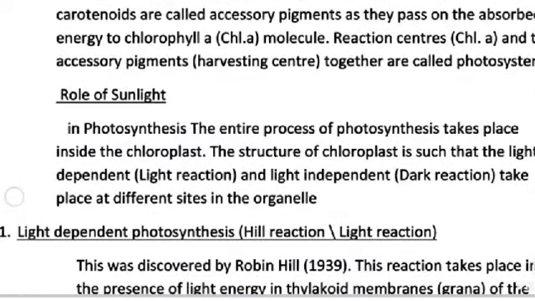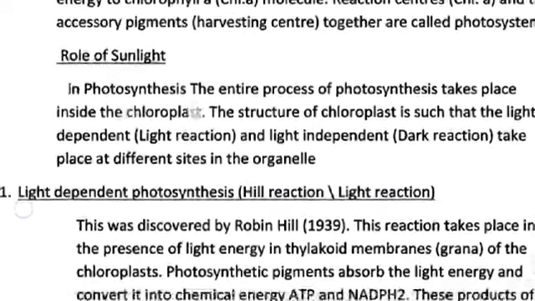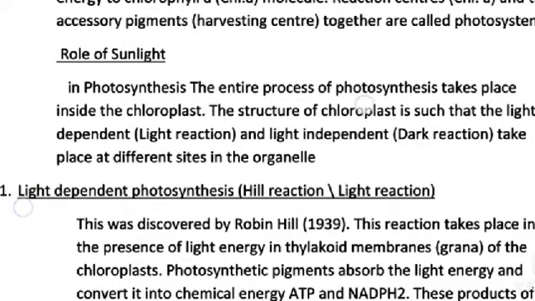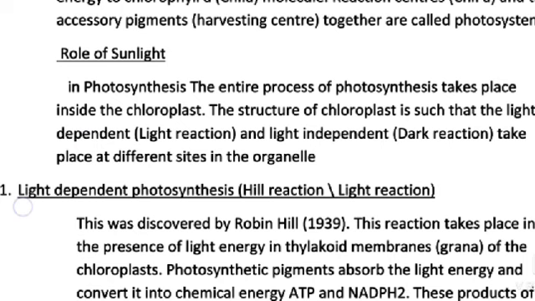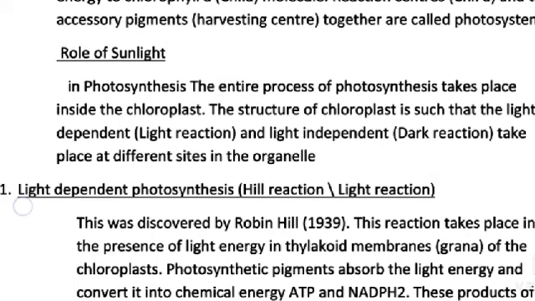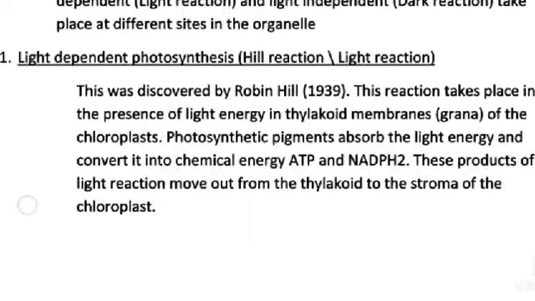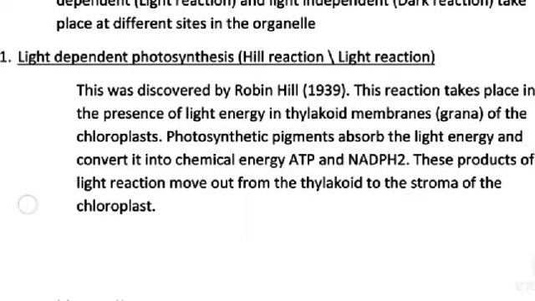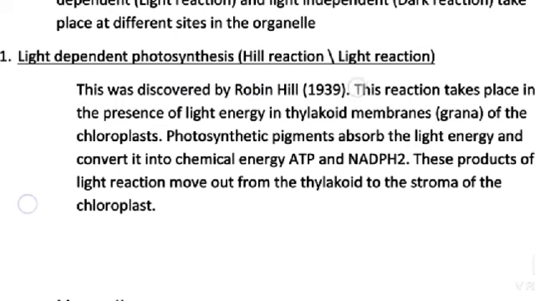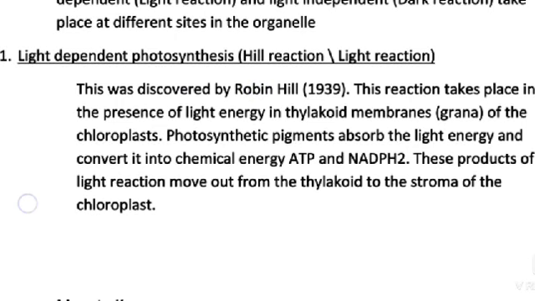Role of sunlight. The entire process of photosynthesis takes place inside the chloroplast. The structure of chloroplast is such that the light dependent and light independent reactions take place at different sites of the organelle. Light dependent photosynthesis, Hill reaction or light reaction, was discovered by Robin Hill in 1939.